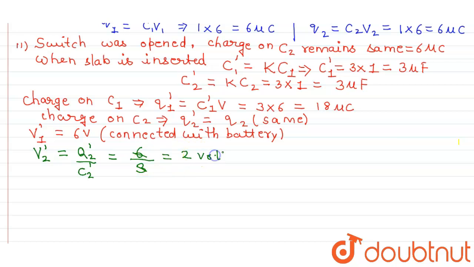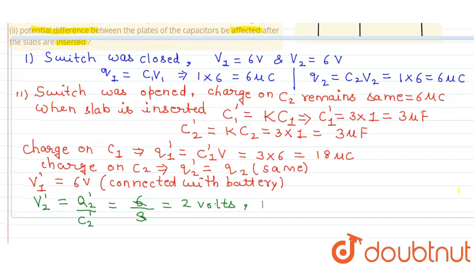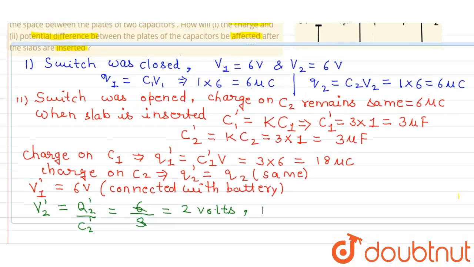So the potential difference will change. Initially it was 6 when it was connected with the battery. Now that it has been disconnected from the battery, the potential difference changes to 2 volt for the second capacitor, but the charge remains the same. For the first capacitor, the potential difference remains the same, but the charge changes.